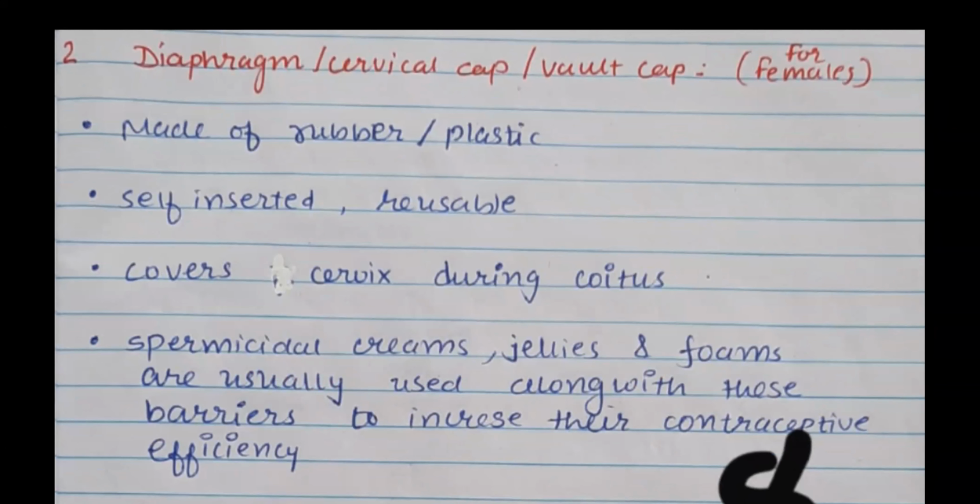I'll show you the picture of this after we complete this. It's a cap-like structure, and these structures are only for females. The earlier one is for male and females both, to prevent meeting of sperm and ovum. This one is only for females, remember.